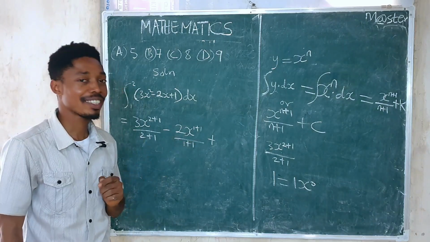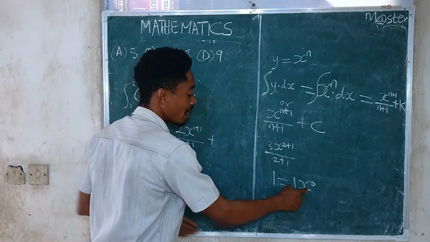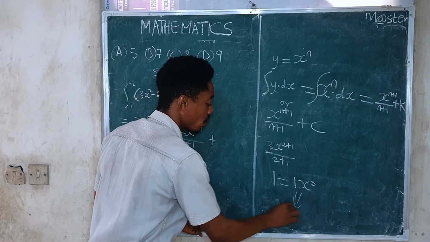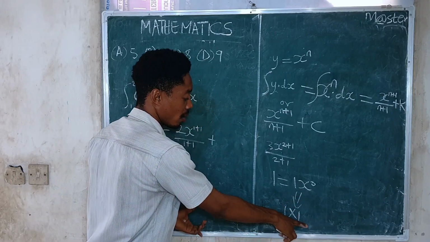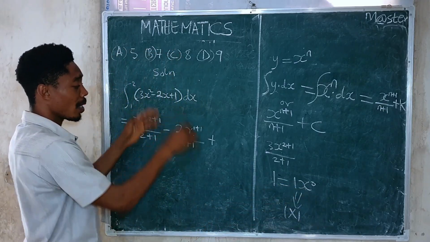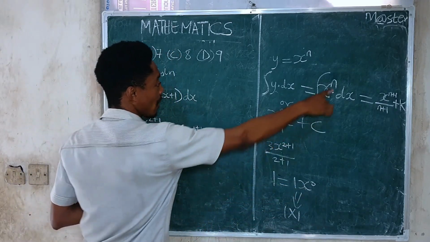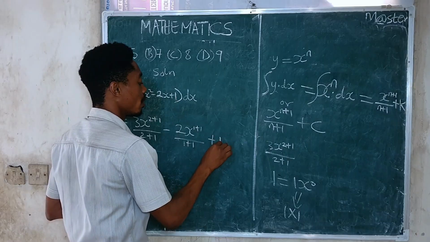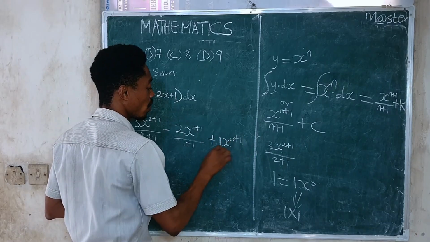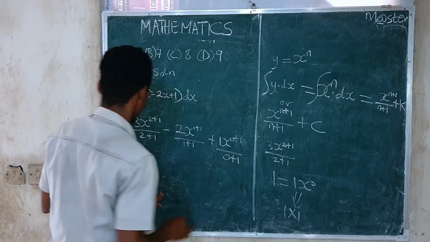X raised to power 0 is 1. So this is equivalent to 1 times 1. The reason why I'm writing it this way is because I want to capture n. So 1 would be 1x raised to power 0. Remember what you do to n? Plus 1 all over 0 plus 1.